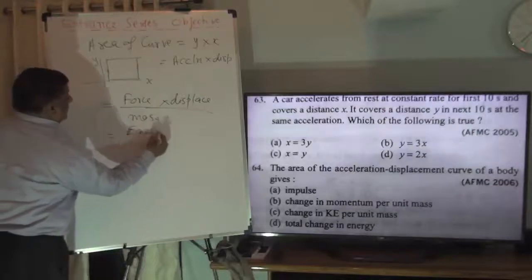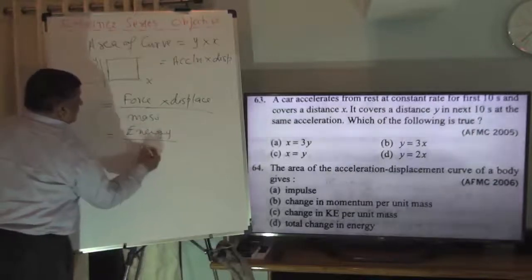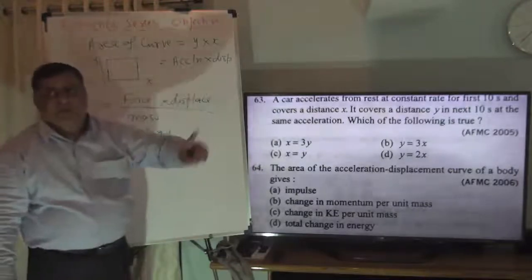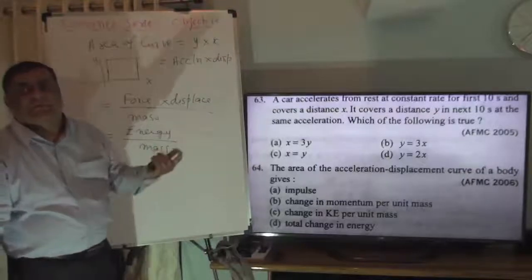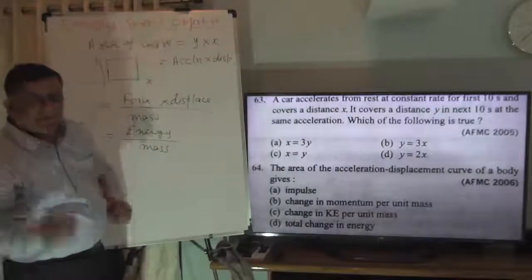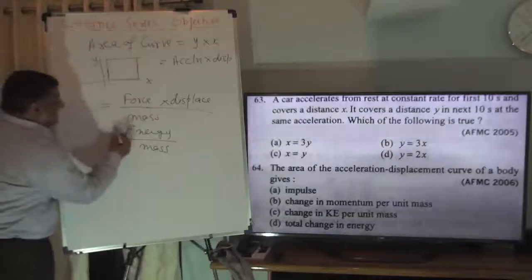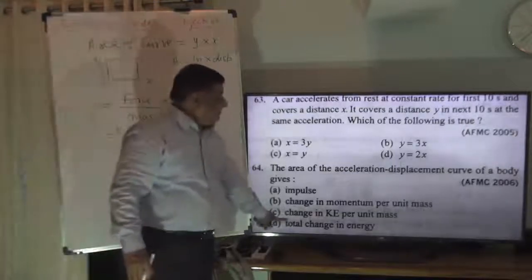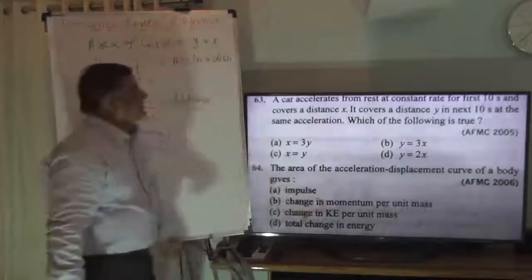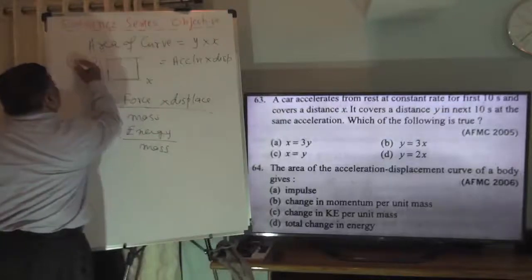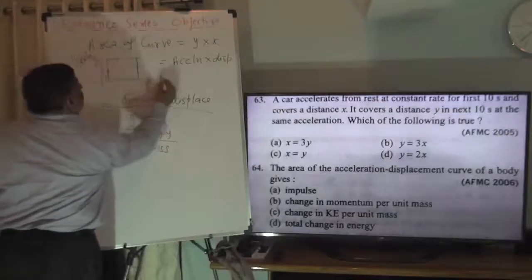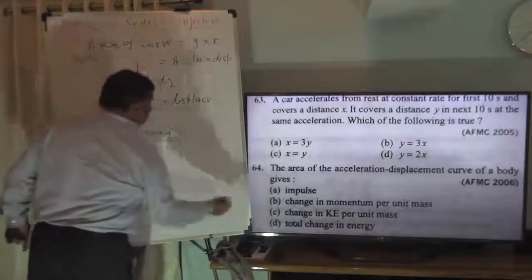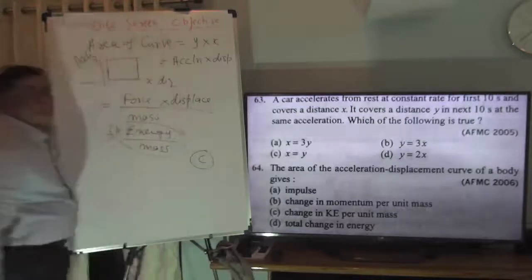Energy upon mass. Because the particle is accelerating and moving, which energy will it have? Answer: kinetic energy. Kinetic energy per unit mass. So this area, acceleration into displacement, gives kinetic energy per unit mass. This is option C.